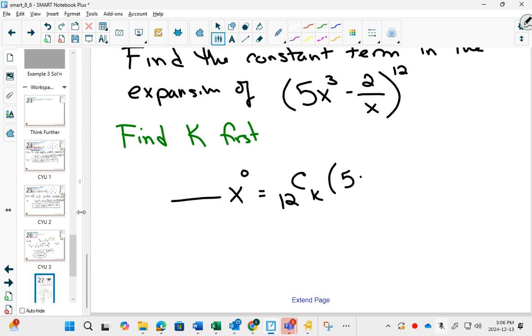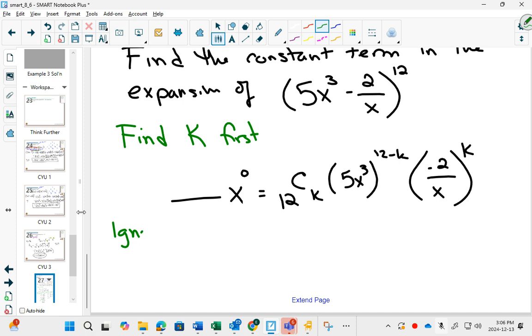A is 5x cubed to the 12 minus k, and b is negative 2 over x to the k. We only think about the exponents. Ignore the coefficients. We just think about the x to the 0. That's the only hint we were given.